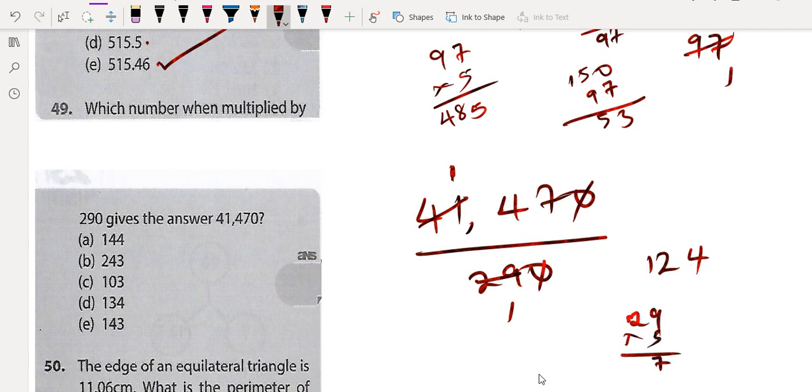Let's go. 127. Times 3, right? Yeah. This time this is 6. 6 plus 2. So 87. Then 124. Give me the difference. What's happening here? 47. 4.